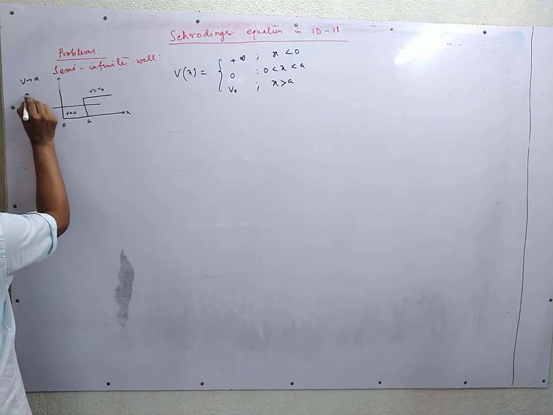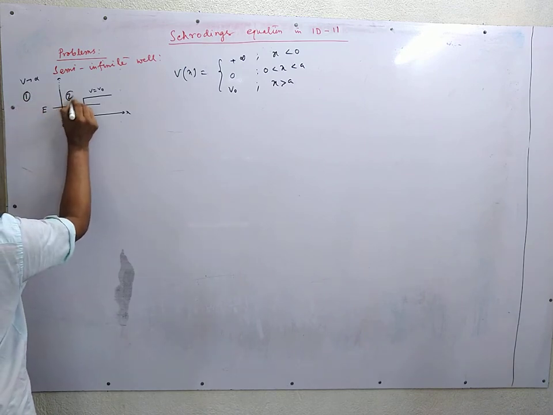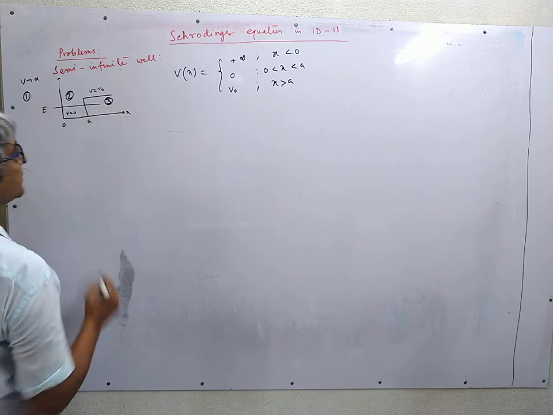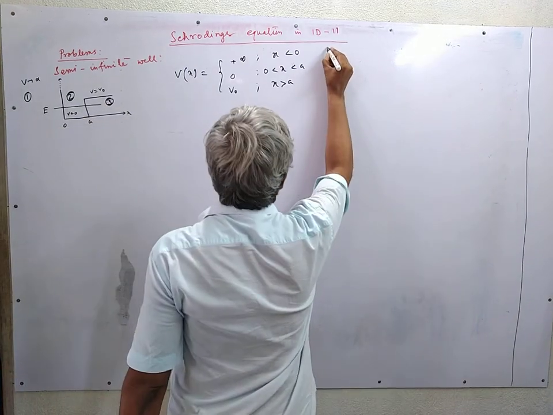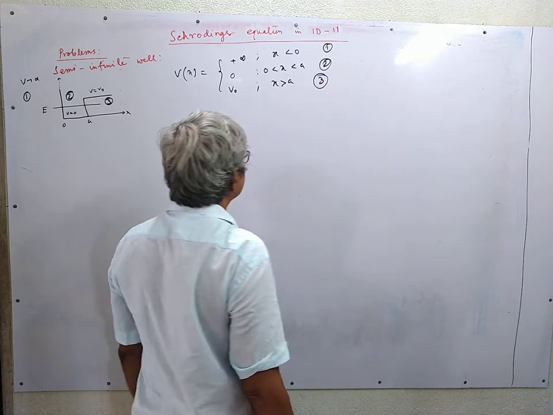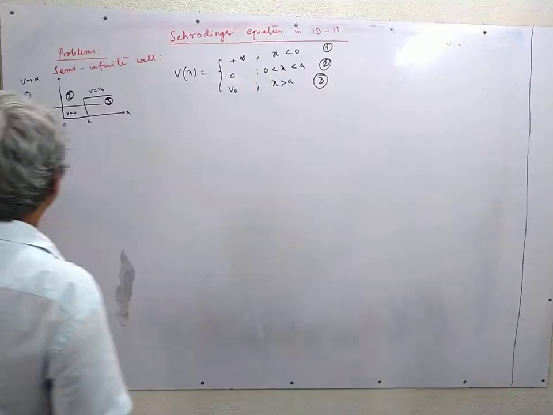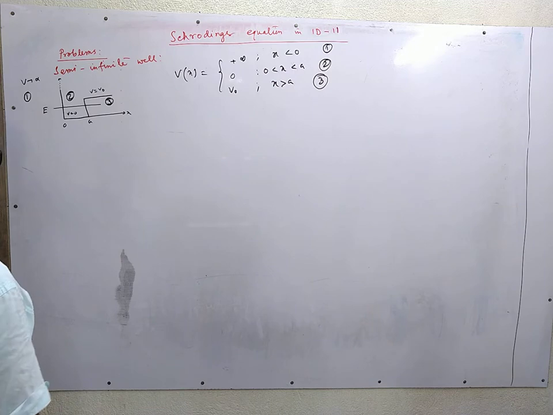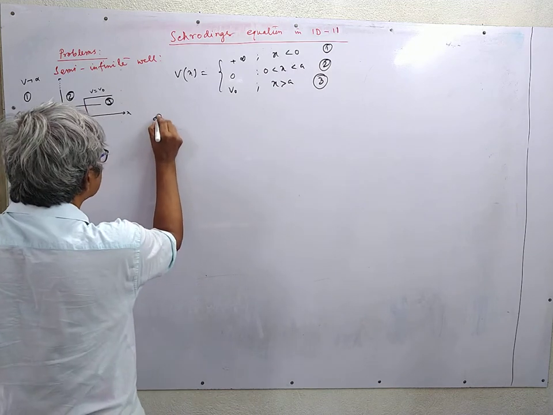Now we differentiate three regions. This is region 1, this is region 2, and this is region 3. Since the particle cannot go to the left of the origin, phi 1 is 0.